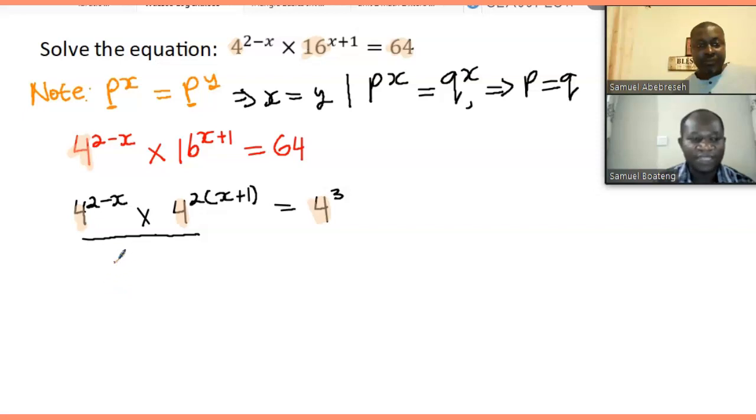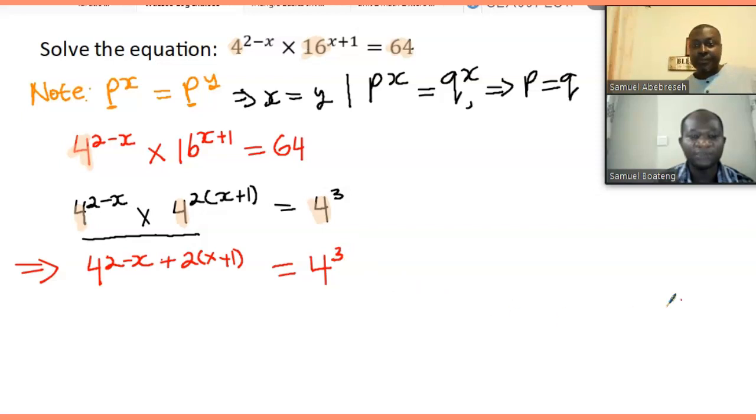So this implies 4 to the power 2 minus x plus 2 bracket open x plus 1 is equal to 4 to the power 3.